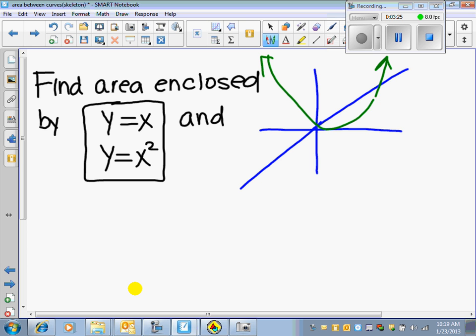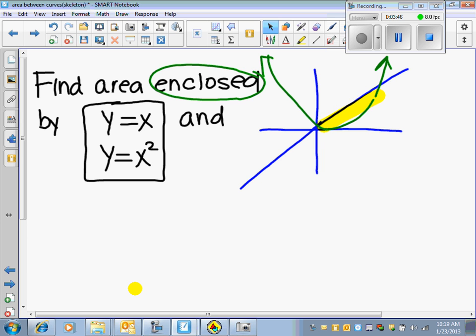Now the question says, find the area that is enclosed between the two. Which area would be enclosed between the two? Well, it definitely would be this right here, the mild smiley face.